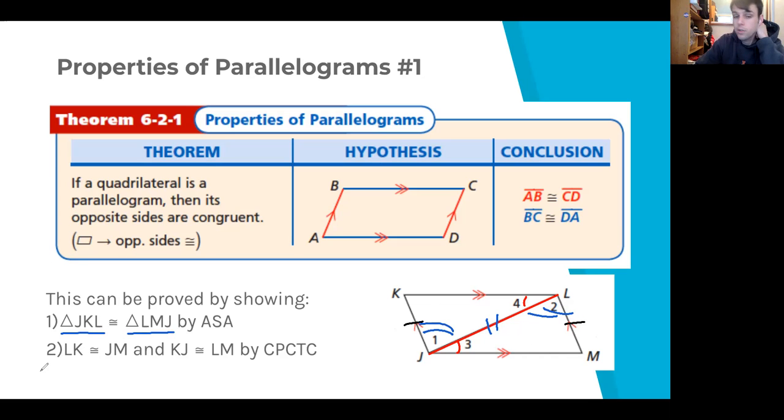Since these triangles are congruent, they have to be congruent. And it's also true the same way that LK and JM are corresponding parts, and these triangles are congruent, so therefore they have to be congruent. Again, we're making use of CPCTC here. Not too difficult. This isn't a full formal proof, but we did walk through the important ideas. I'm going to try to do that for most of these properties.